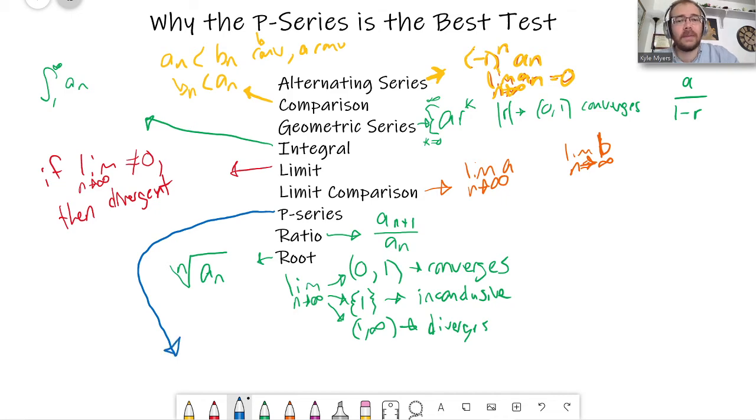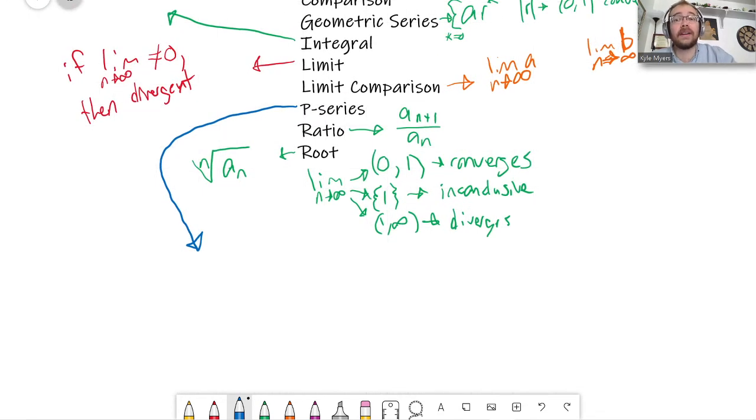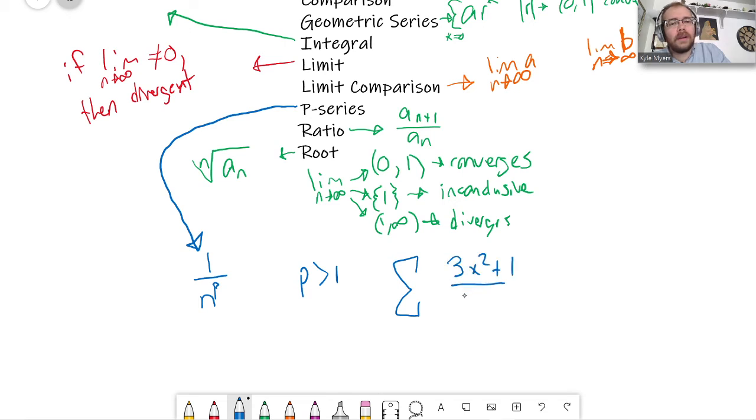P-series test. The reason why this is amazing, and the reason why it's better than all the others, is because the rule says, oh, well, it's just this, and p has to be greater than 1. Okay, but it's not just this, because if I have the sum of, let's say, 3x squared plus 1 over 4x cubed.